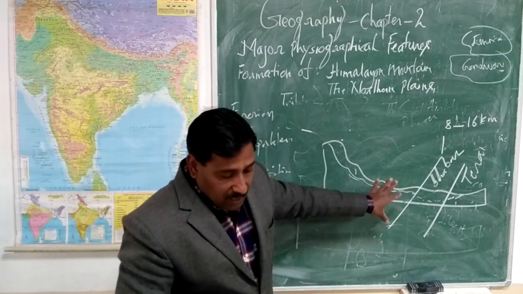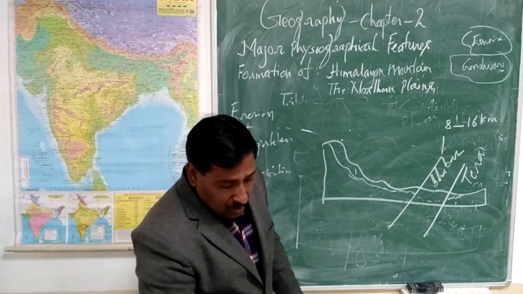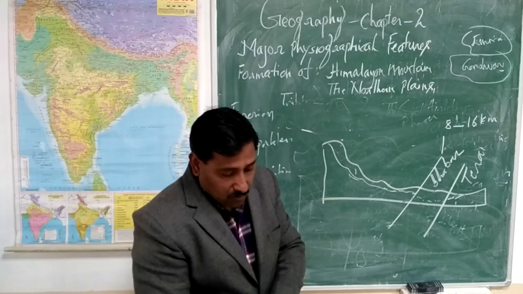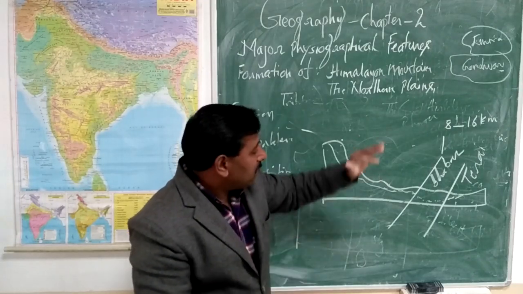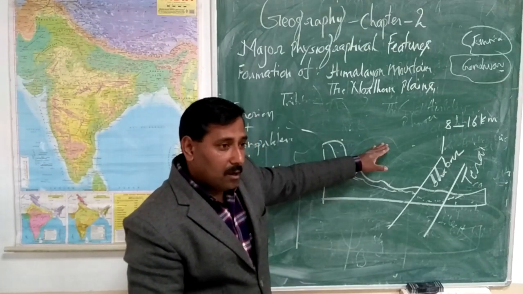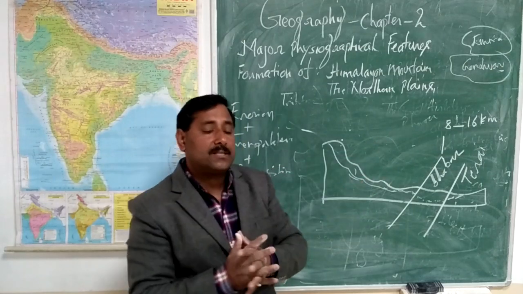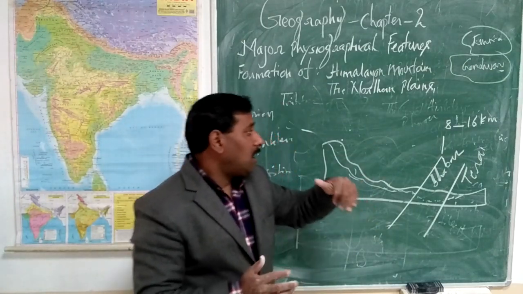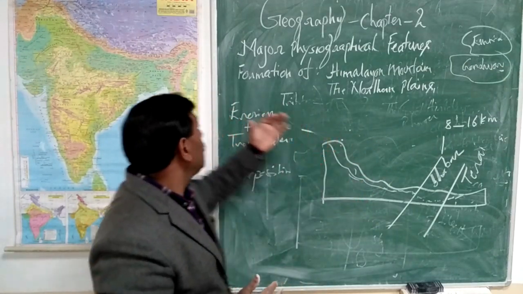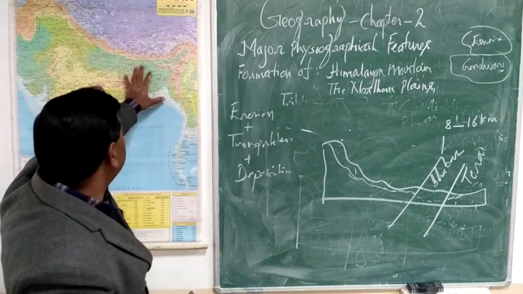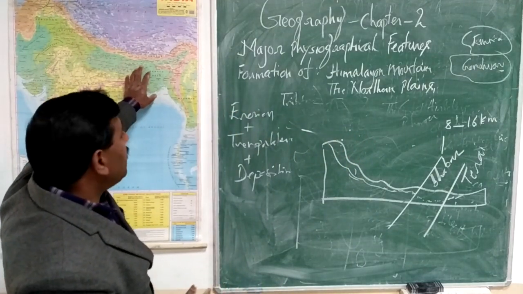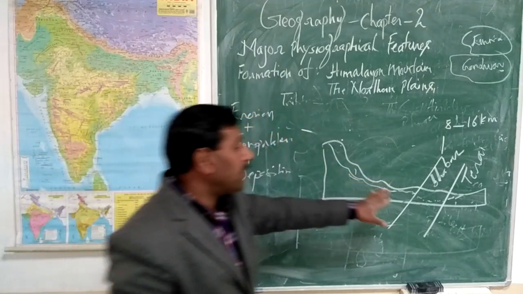So all this we have discussed, the different types of mountain system. Today we have discussed the formation of Greater Himalayas. We have discussed how these plains have been developed. In the plain area we also discussed the Bhabar and Tarai.